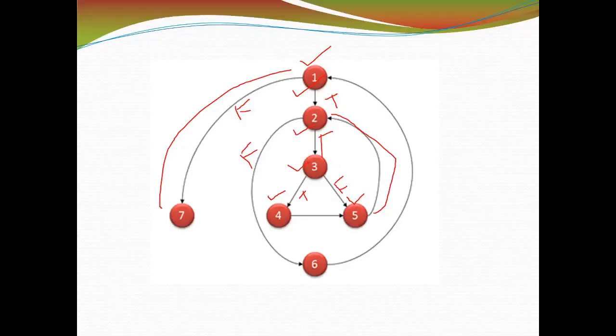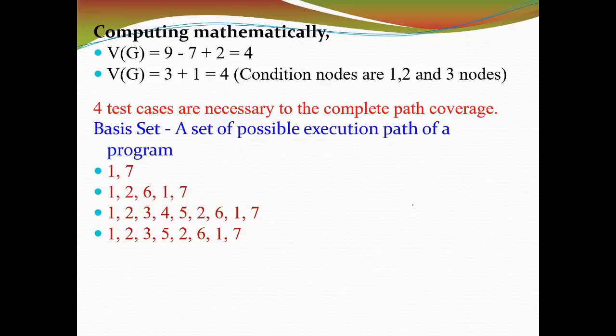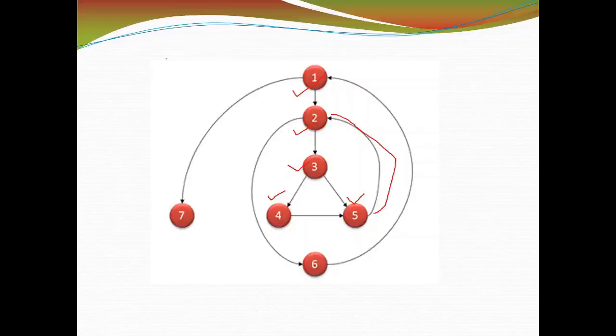So this way you need to convert the code into a control flow graph. So you understood here how many paths are there. You need here at least 4 test cases. So put that total 9 edges and 7 nodes. You can calculate the edges here: 1, 2, 3, 4, 5, 6, 7, and 8, and this is 9.